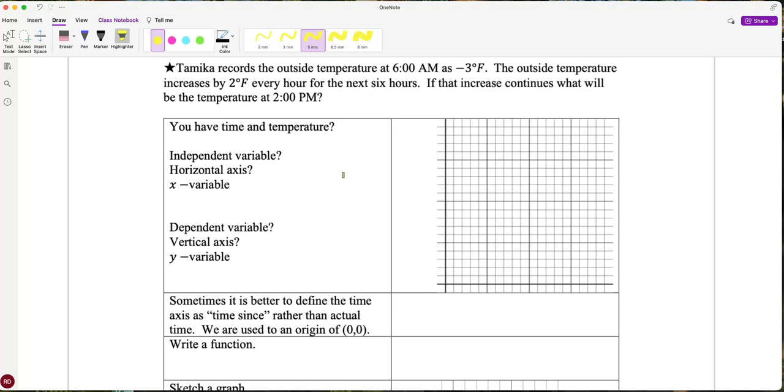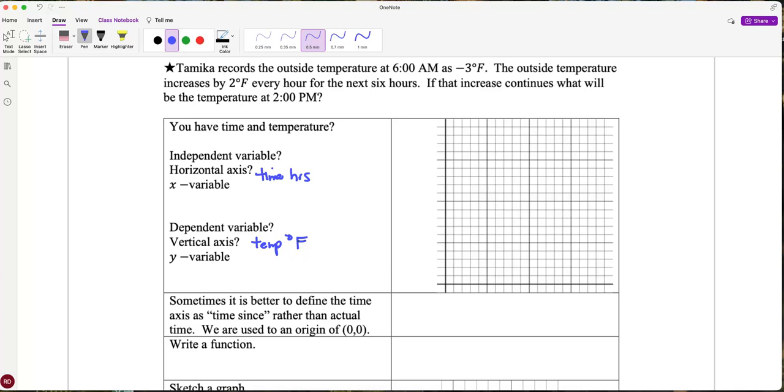Time is going to march on regardless of what I do, but the temperature is what I'm measuring. So my independent variable, or horizontal axis, should be time in hours, and my dependent variable should be temperature in degrees Fahrenheit.